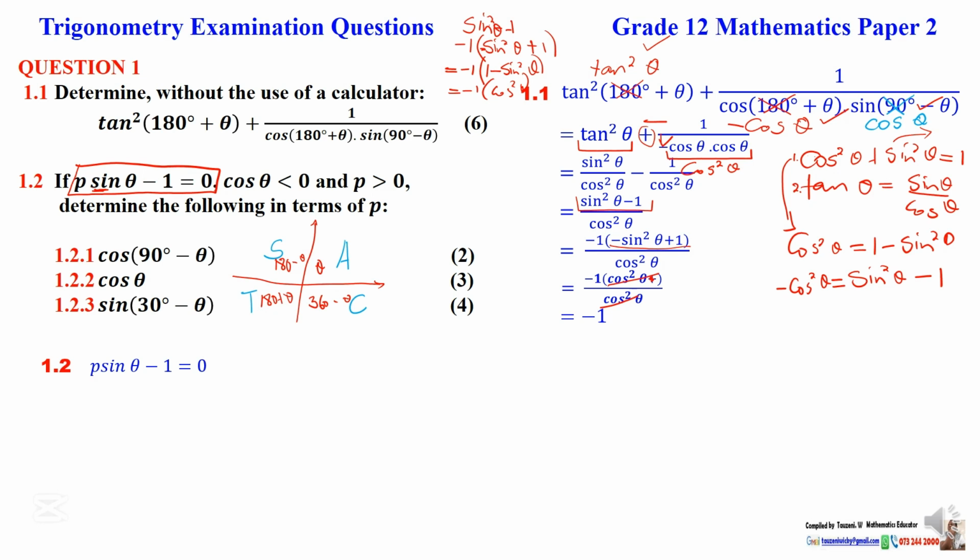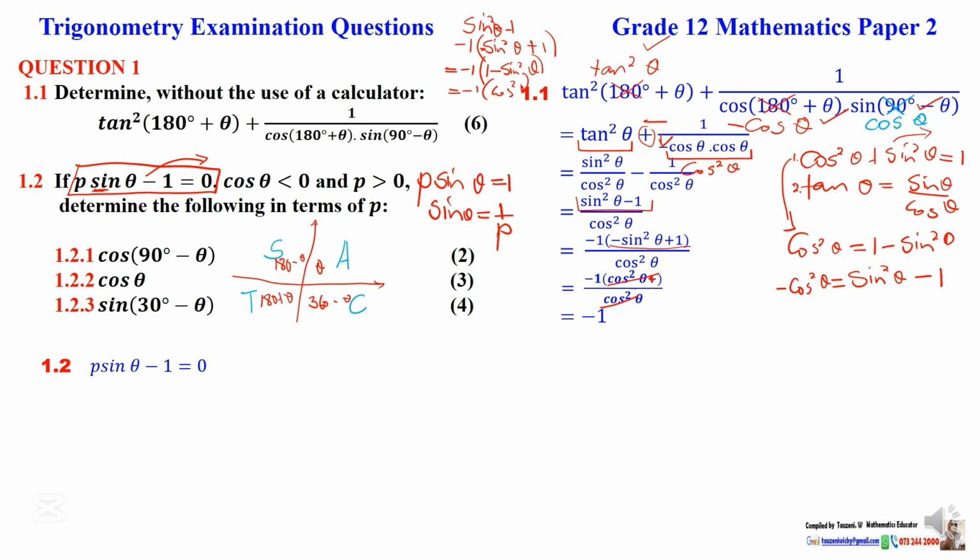Now we move the -1 to this side, then that will give us p times the sine of theta is equal to 1. Then you divide both sides by p, you will get sine theta is equal to 1 over p.